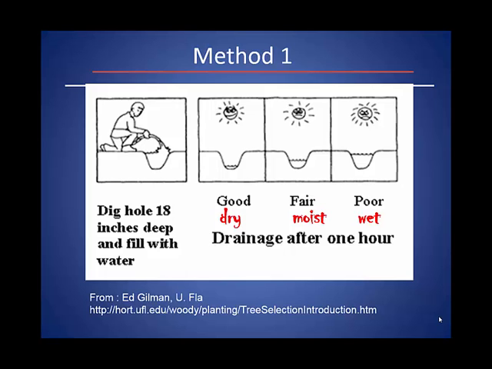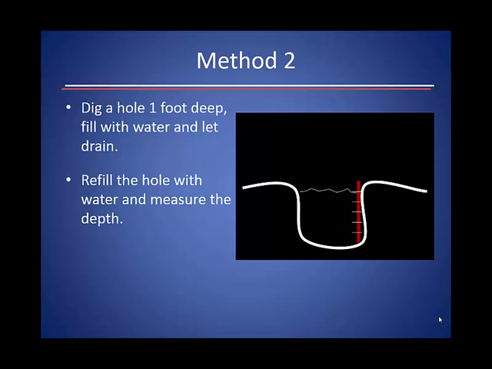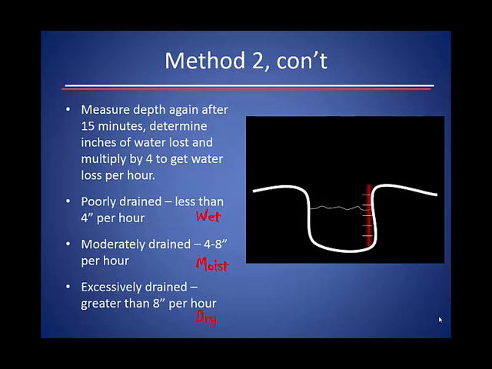And then there's another, more complicated method, but it ends up giving you about the same results. If you're the kind of analytical person who likes a little more detail in your processes, this one might be the one for you. You dig a hole a foot deep, refill the hole with water, and measure the depth of the water. Then after 15 minutes, you decide how much water has drained away.